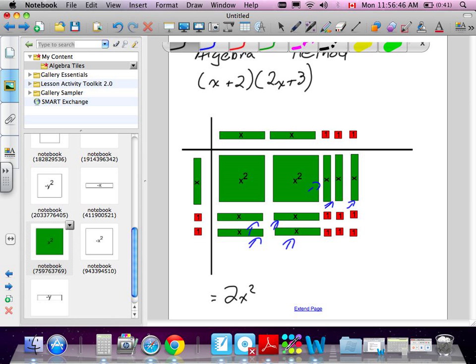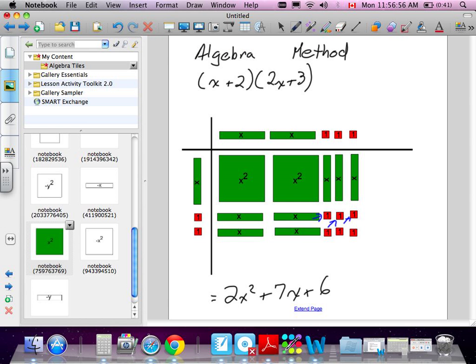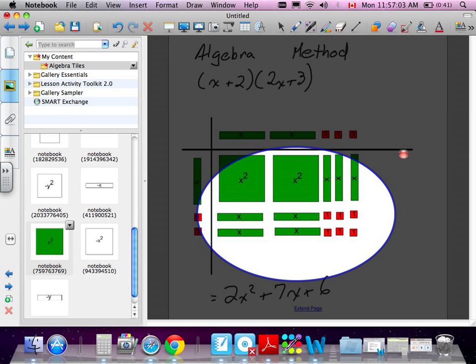Positive 7x. And then how many 1s do I have? 6. Plus 6. That is our answer. Anything underneath here, we just count the number that we have, and we'll end up with our answer below.